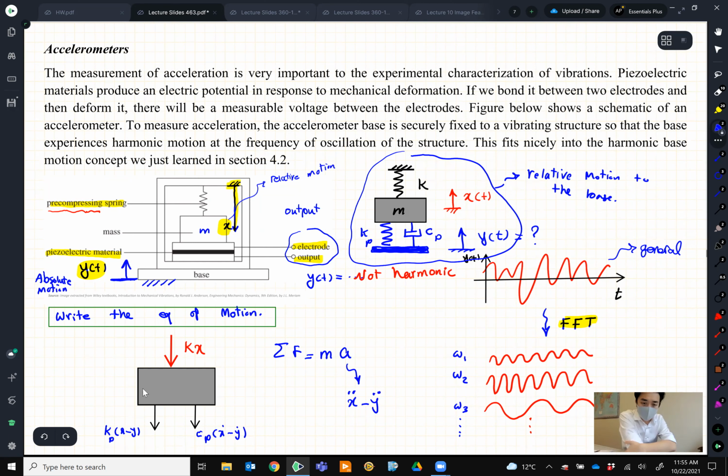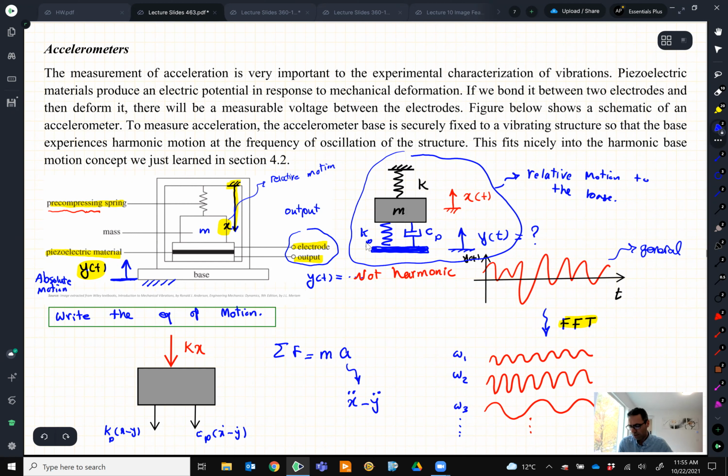And in that case, where does Kp come from? Because if you excite the base, this M probably goes up and down, right? And now we said, let's assume this piezoelectric material is a flexible material, and it acts like a spring. That's why we said it has a stiffness and damping.